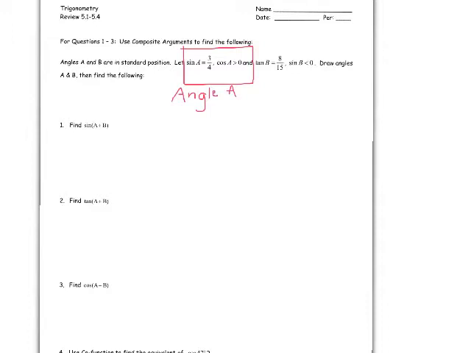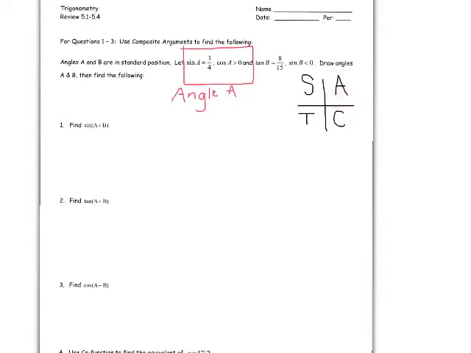So let's talk about all students take calculus. All students take calculus was how we remember which trig functions are positive in which quadrants. In quadrant 1, all of them are positive.